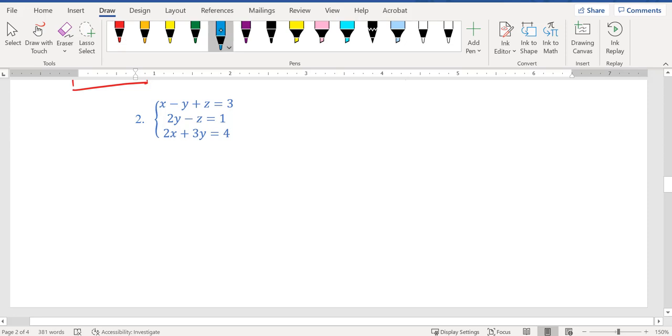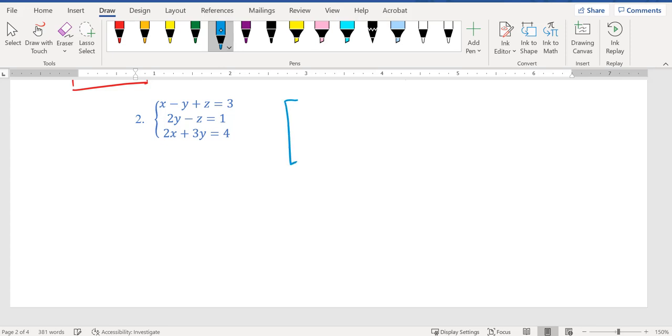Number 2, I need to write my matrix equation. My coefficient matrix is 1, -1, 1, 0, 2, -1, 2, 3, 0.